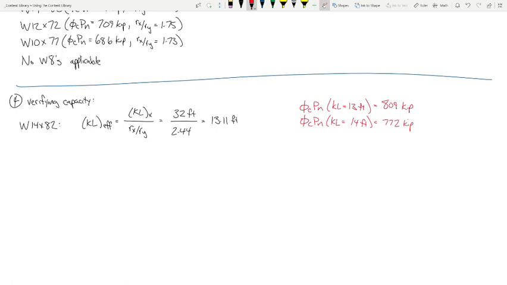It has no bearing, because whatever you get, it's bigger than 650, right? So I'm going to ask a generic question. Is this a viable option for our column? Yes. So I will say trial section 1 is adequate.